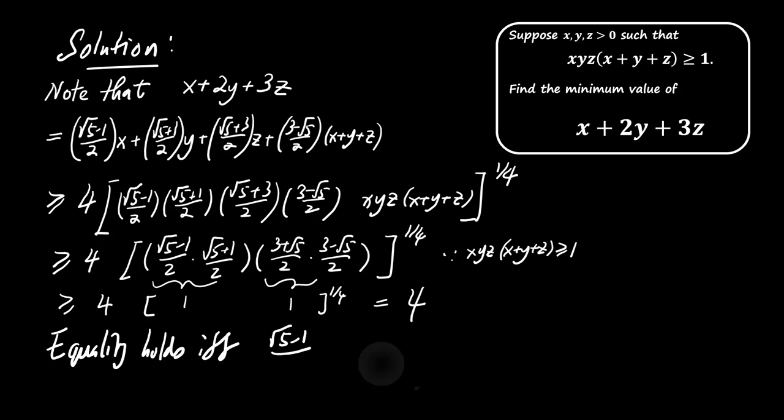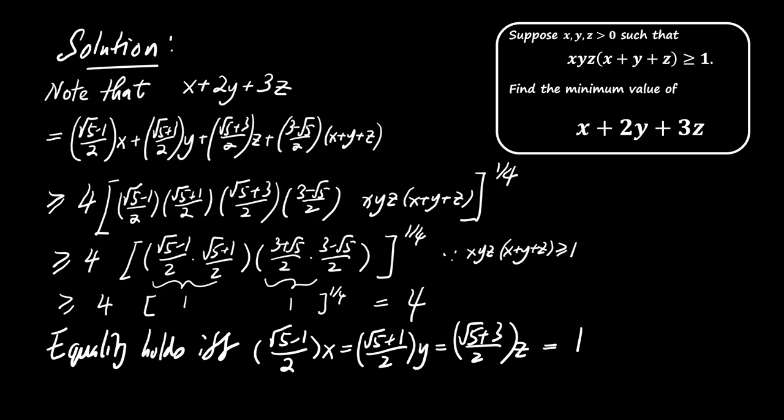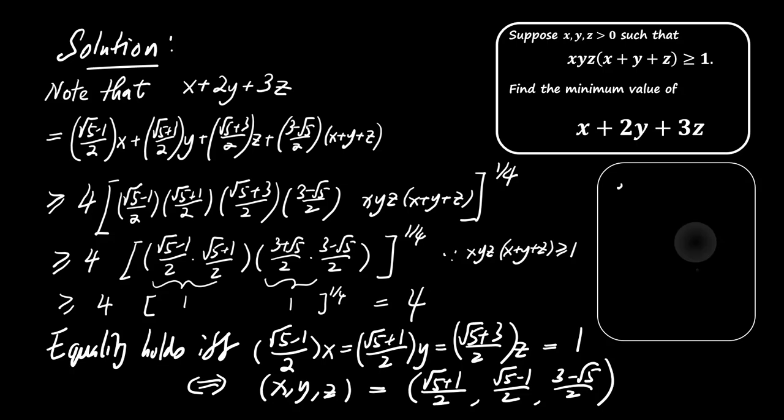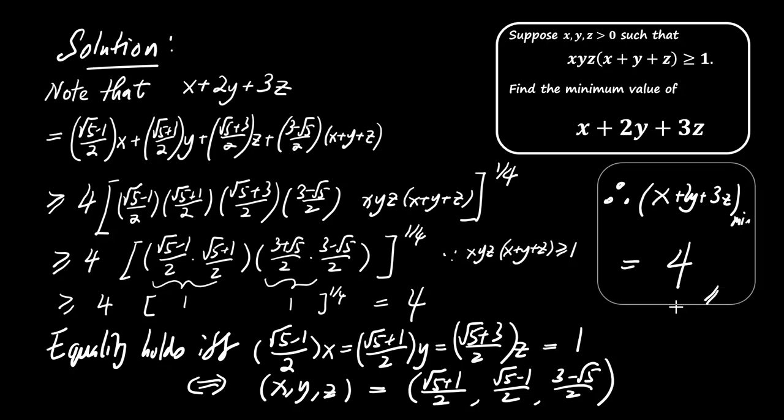In fact, we find that equality holds when x, y, and z take specific values. Therefore, the minimum value of x plus 2y plus 3z is 4, achieved when these specific values of x, y, and z hold.